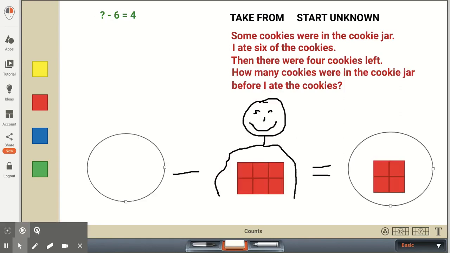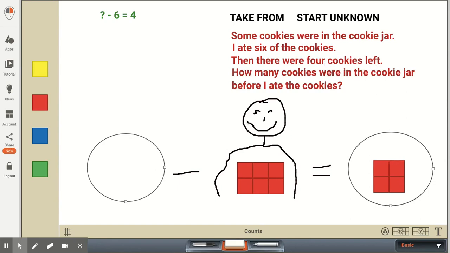So I have a little drawing and some manipulatives to represent this problem. So here I am, and I've reached in and taken and eaten 6 of the cookies. And then after I ate the cookies, I took a look in the cookie jar and I saw that there were 4 cookies that were left in the cookie jar.